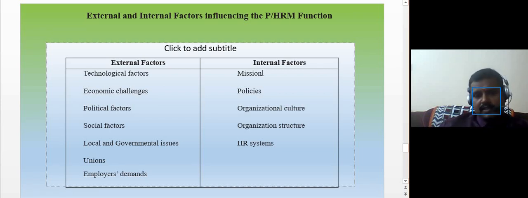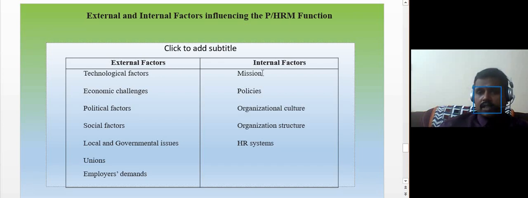And the policies, definitely we are creating the policies for our business activity: the HR policy, production policy, marketing policy, financial policy, research and development initiatives, policy changes, advertising policy. Everything we can fix on our own. That is also a controllable factor. And the organizational culture, what kind of cultural practices we are following.